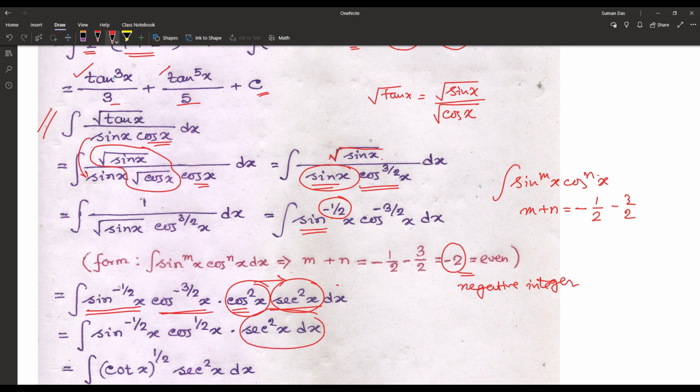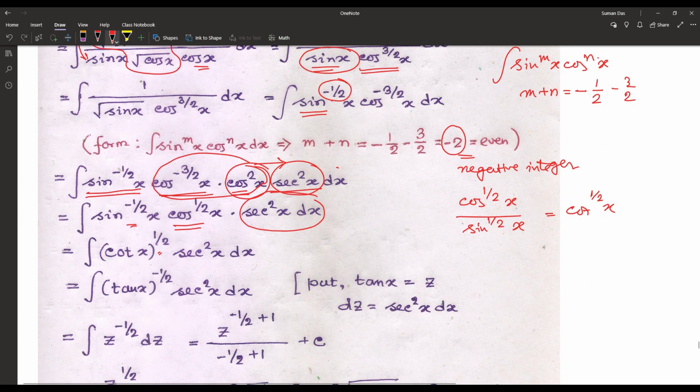Now cos to the power minus 3 by 2 x and cos square x take the form cos to the power half x. So finally, cos to the power half x divided by sin to the power minus half x becomes cot to the power half x, and cot to the power half x into sec square x dx is kept intact.